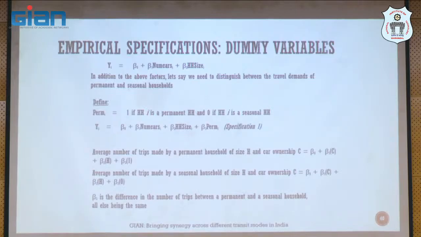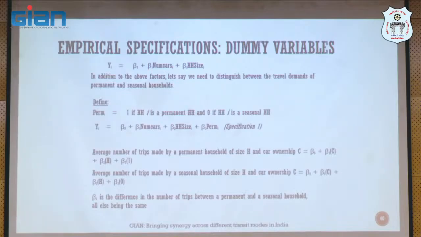What does beta 3 represent? How would you interpret beta 3? The household is either permanent or not, there are only two levels. It's either 1 or 0.